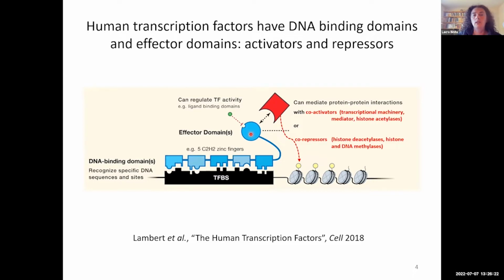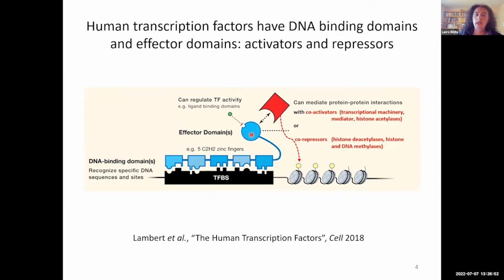Those are the activating or repressive effector domains, which most often are just small domains that interact with bigger complexes called co-activators or co-repressors. Those could be either the transcriptional machinery mediator, which is part of activating transcription, or chromatin regulators that change the chromatin state to make it active, such as histone acetylases.